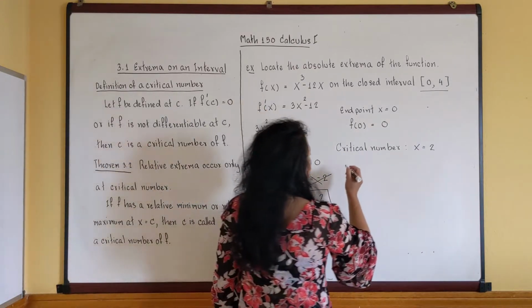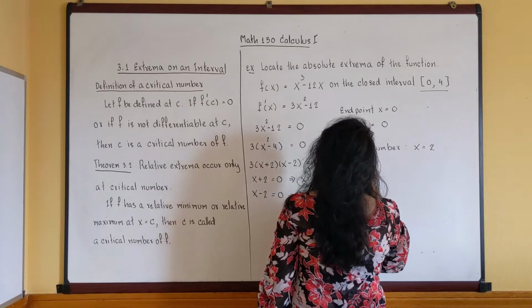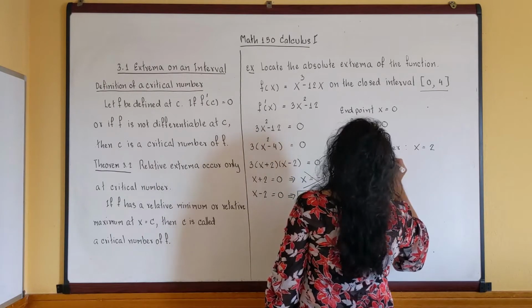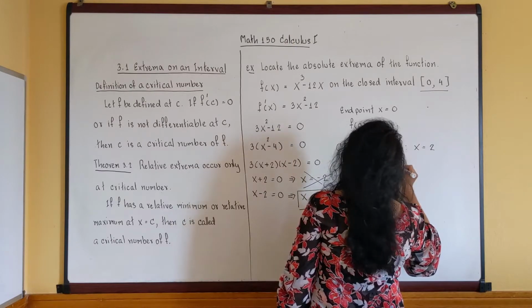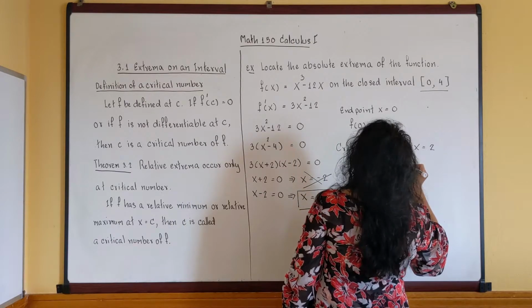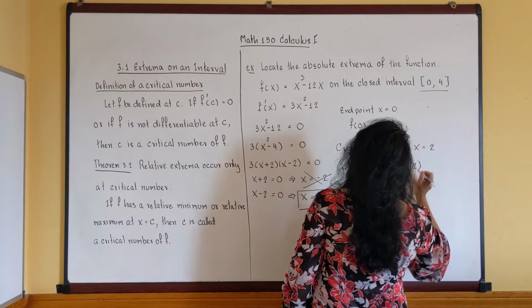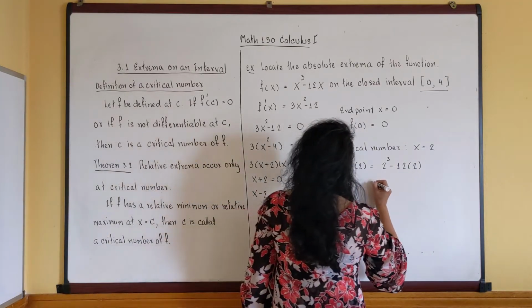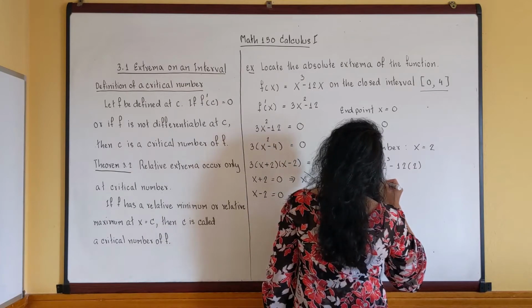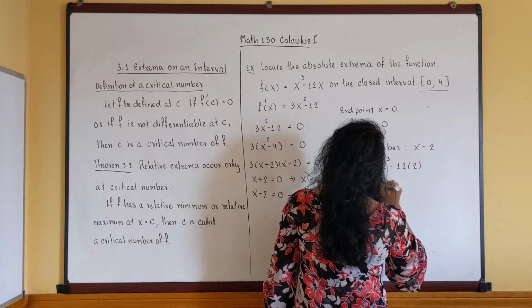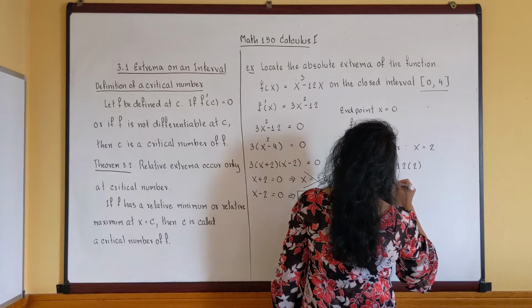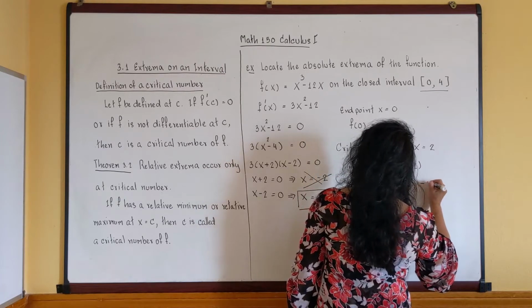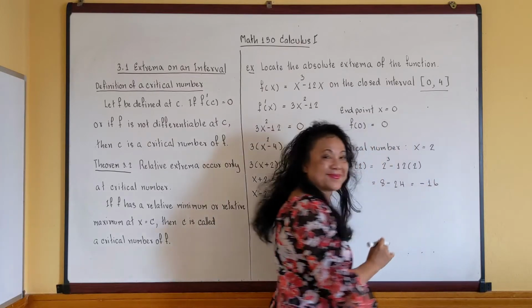So I have f of 2. That is 2 cubed minus 12 times 2. 2 cubed is 8, minus 24. So that's minus 16.